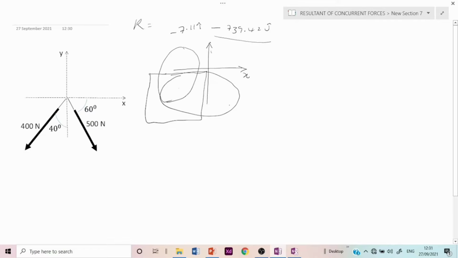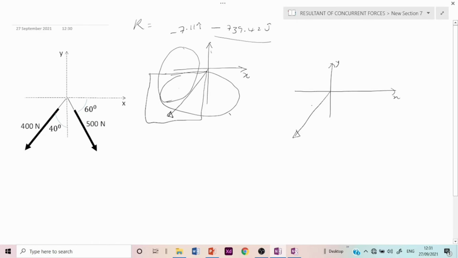That is to say, if we are drawing our resultant, we are going to have something like this. So to bring this out properly and clearly, this is our x-axis and this is our y-axis, and our resultant we know is going to fall out like this.